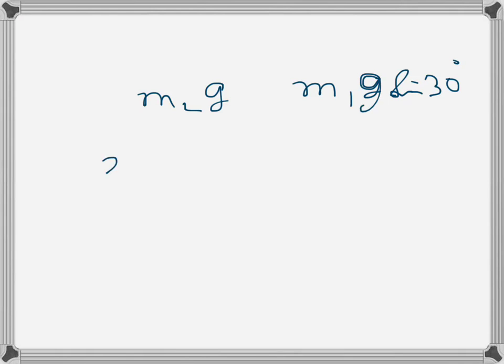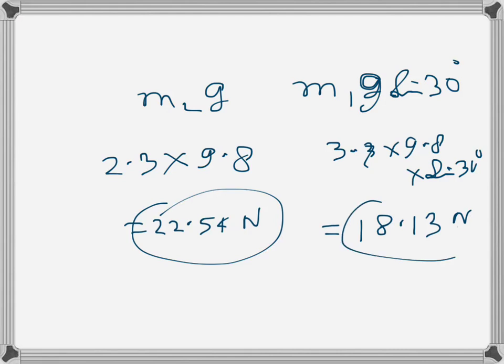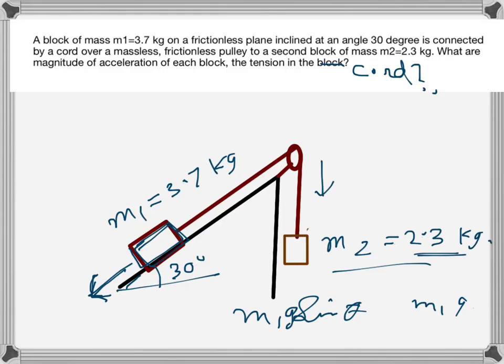So this one is 2.3 times 9.8, which gives us 22.54 Newton, and 3.7 times 9.8 times sine 30 degrees, which is 0.5, gives us 18.13 Newton. Of course, this force is greater than this force, so the acceleration will be in this direction.